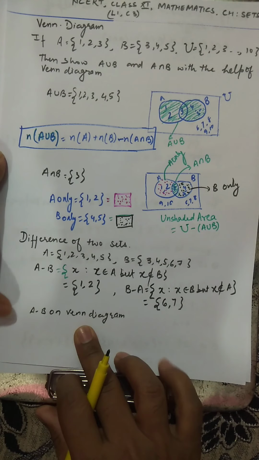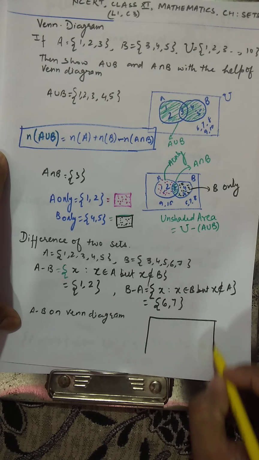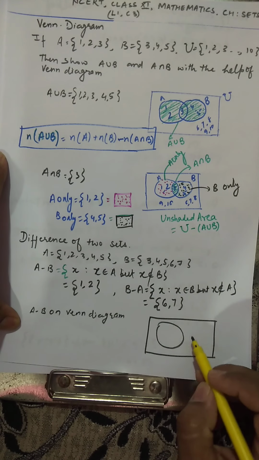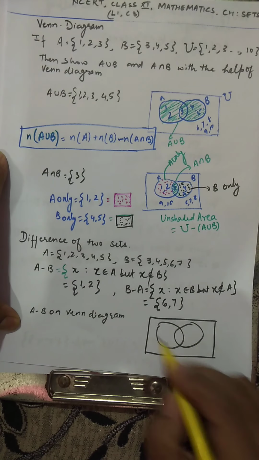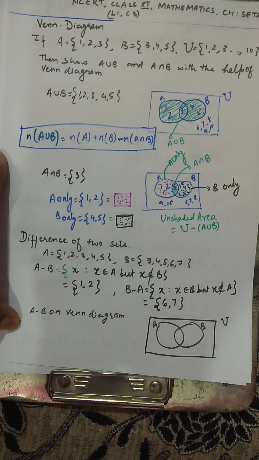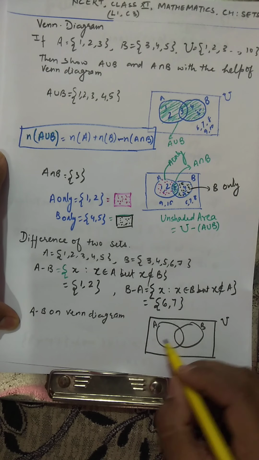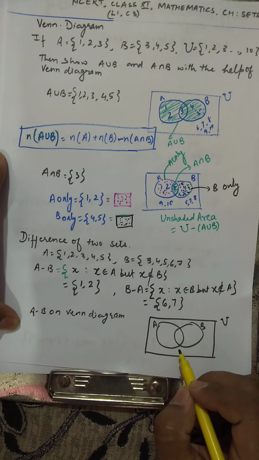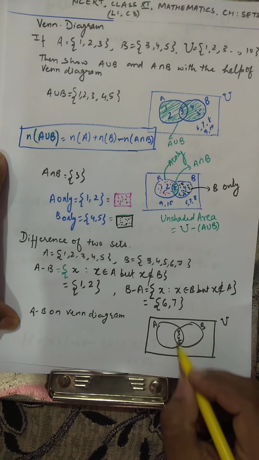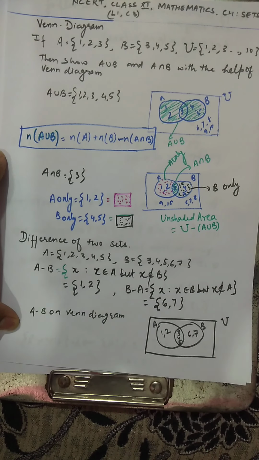Now A minus B I want to show on the Venn diagram. So let's take this as a Venn diagram, and this is A and this is B. So I'm marking this A, this is B, this is universal. The elements of A are 1, 2, 3, 4, 5 and you can see that 3, 4, 5 are coming in this intersection part. So this is 1, 2, this is 6, 7.